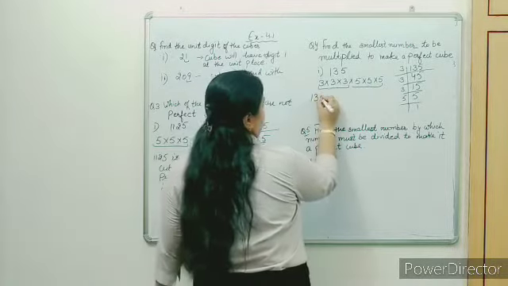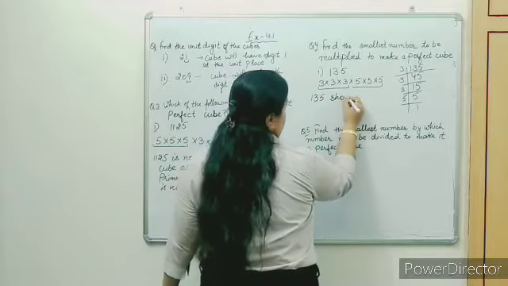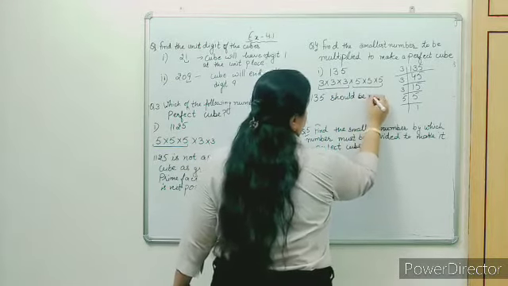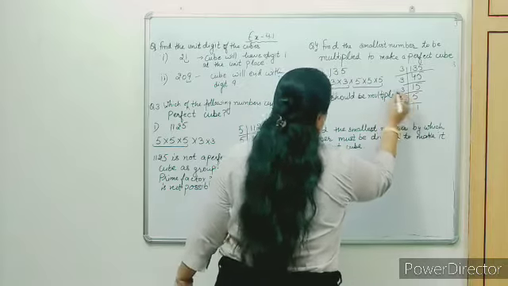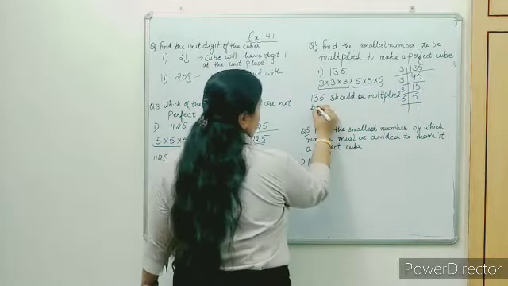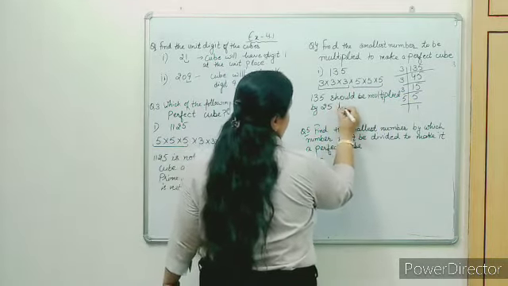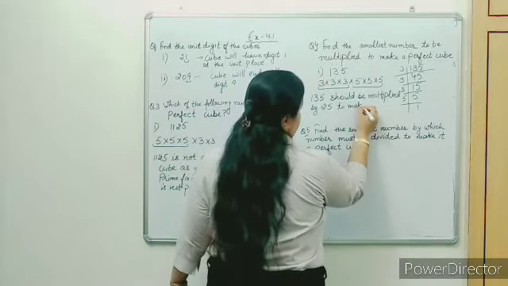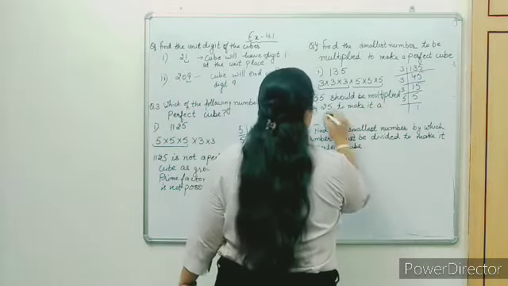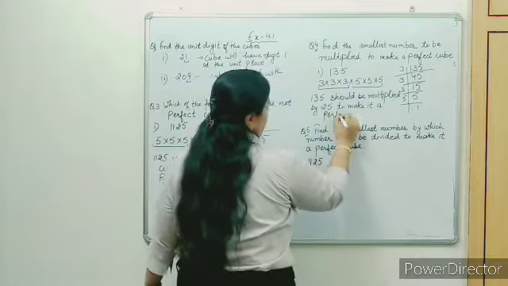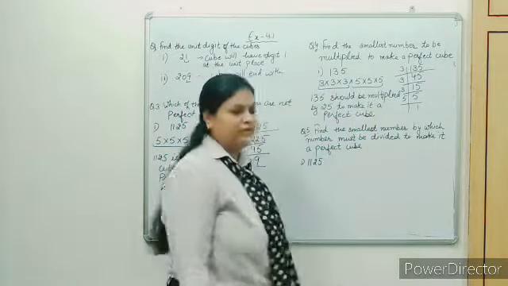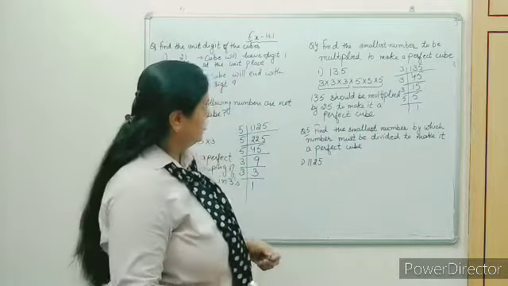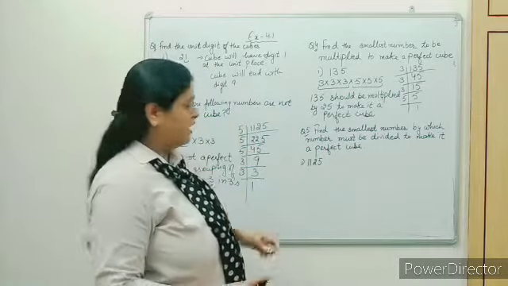So 135 should be multiplied by 25 to make it a perfect cube. तो 135 को perfect cube बनाने के लिए हमें उसको 25 से multiply करना पड़ेगा. Okay? Now question number 5.